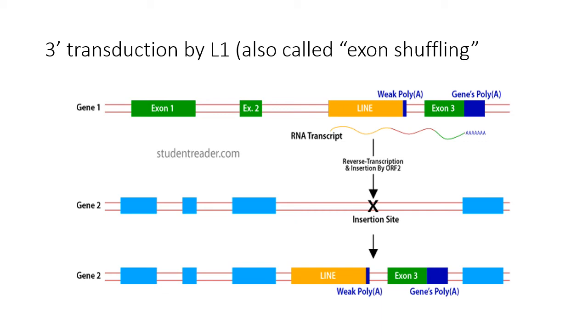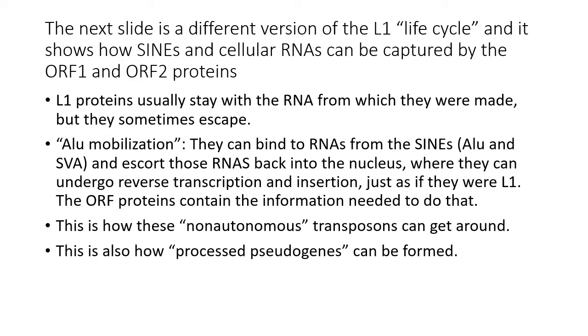Now in this example, we are including the L1 as well. But remember that L1 reverse transcription doesn't always go all the way. In fact, mostly does not go all the way. So it's perfectly possible to have this bit of exon 3 present with no sign of L1 at all, depending on where the reverse transcription actually stopped. So that's exon shuffling, or otherwise known as 3' transduction.